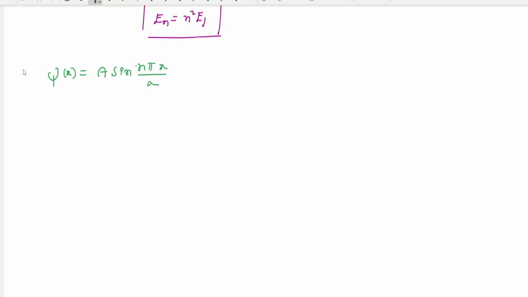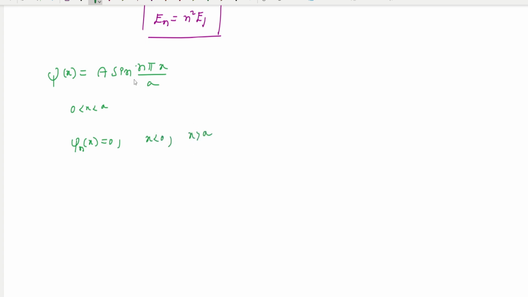This is the wave function equation for the motion of the particle in the region 0 less than x less than a. The wave function psi is equal to 0 at the boundaries, for x less than 0 or x greater than a.